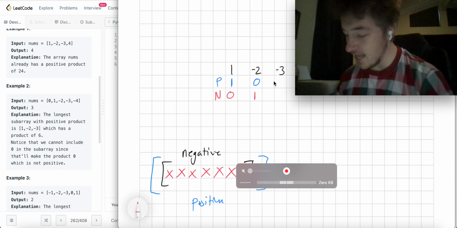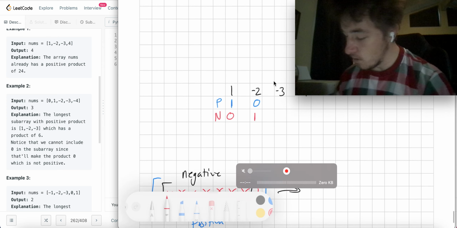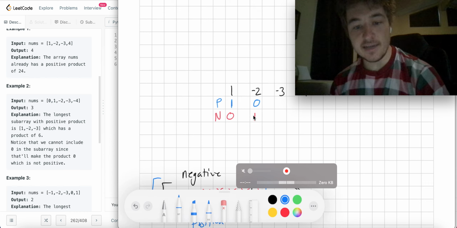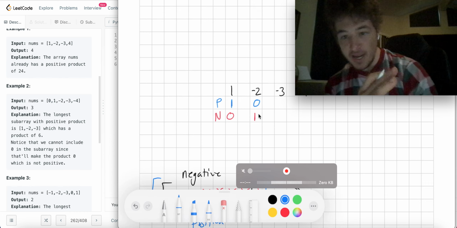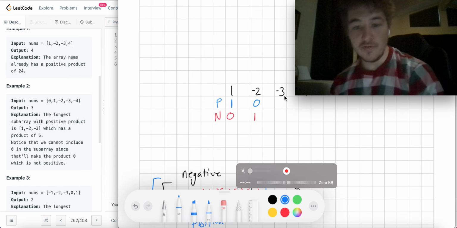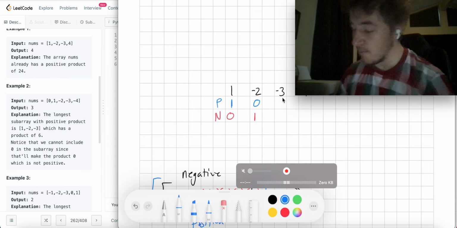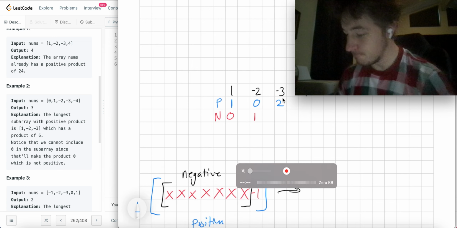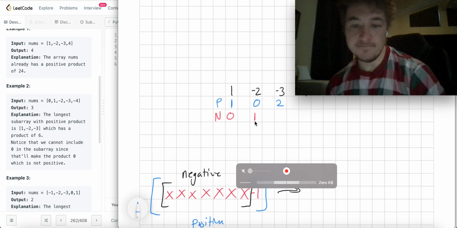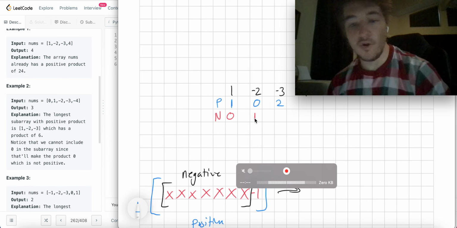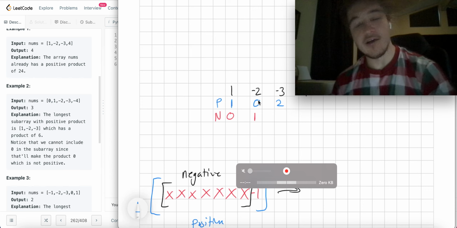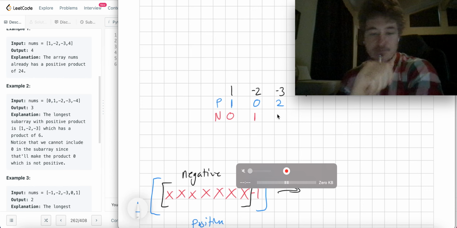Now when I look at this -3, what can I say? Well, for this -3, there's a system right before me, right, of length 1 that is negative. So if I attach myself to it, it'll become positive. Okay, and there's a system before me. The system before me has 0 positive. Now, okay, so what does that mean for negative here?